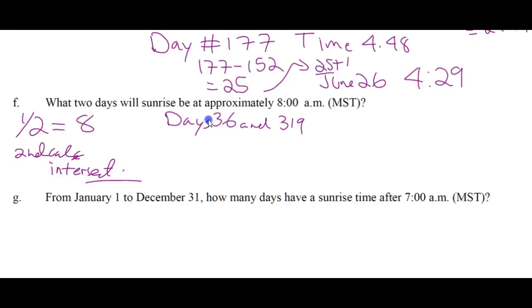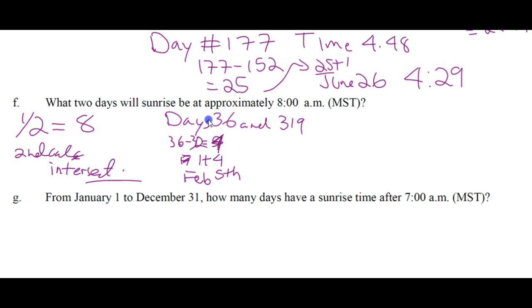Because we started at February 1st, you could go 36 minus 32 is 4, and February 1 plus 4 gives us February 5th.